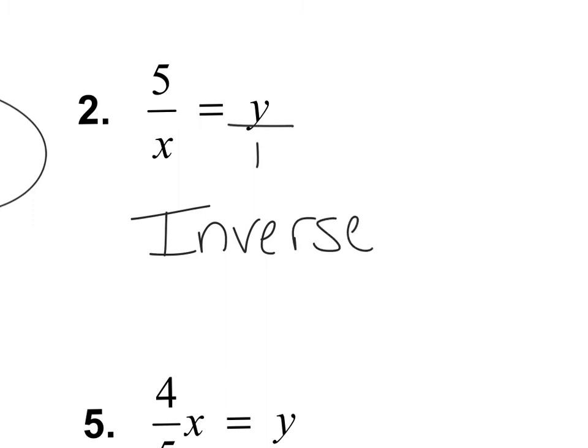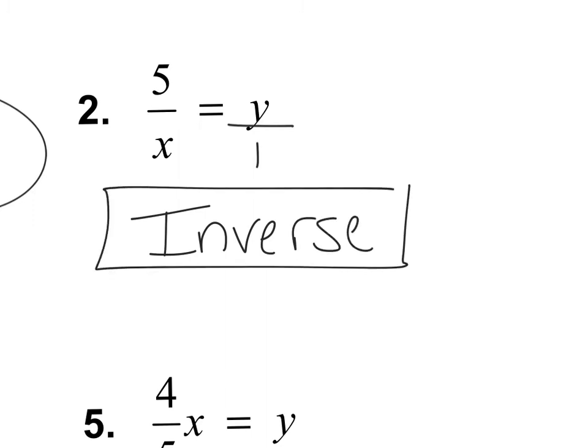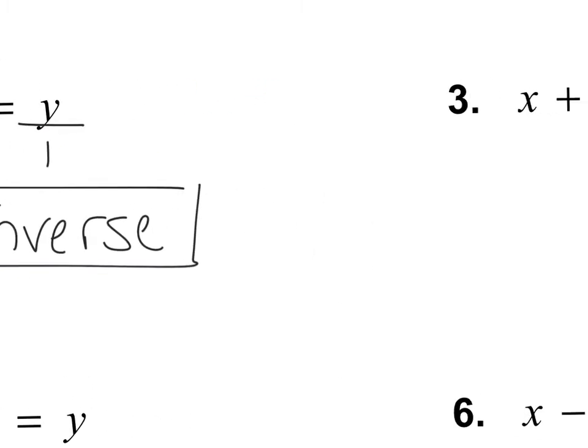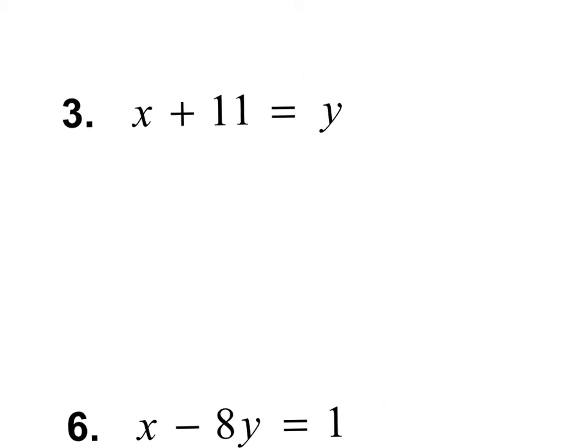The only thing that you have to remember is that x and y have to be on opposite sides of the equal sign as well. I'll tell you right now, since direct is multiplication and inverse is division, if you don't see multiplication or division, like in this case, we have addition, that's neither. Direct is multiplication, inverse is division. So there is neither of those. This is addition, so this would be neither.